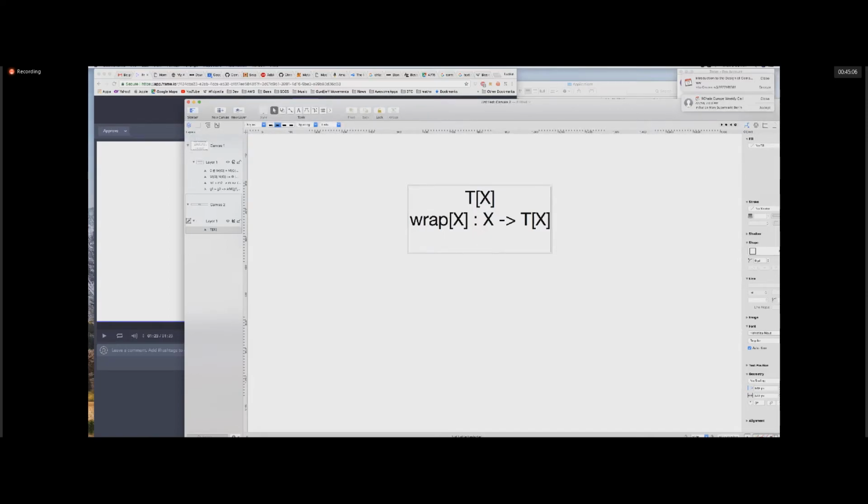So I call that roll, as in rolling up. So we have shape, wrap, and roll. Roll is also parametric in an X, and it goes from a T of T of X to a T of X. So it flattens things out.